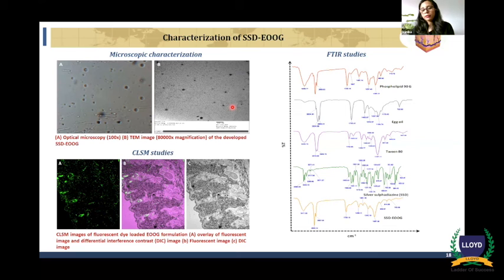This can be a good study for the qualitative assessment of whether the formulation has penetration capacity or not, in addition to the skin penetration studies which can be performed with a Franz diffusion cell. Then again the FTIR studies, which could be performed with all of the excipients or with just the blank formulation, the drug loaded formulation, and the drug by itself. Then ex vivo permeation and again skin safety studies.